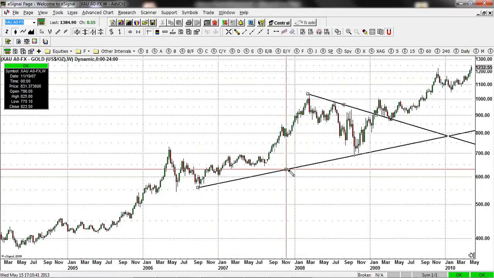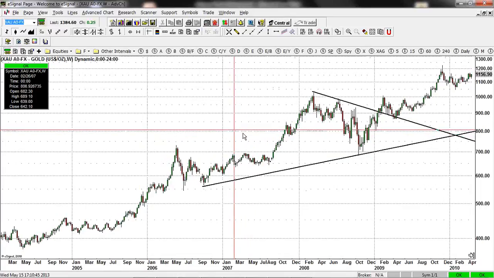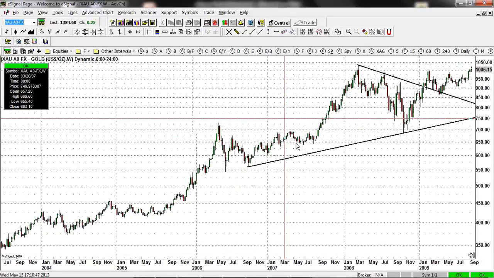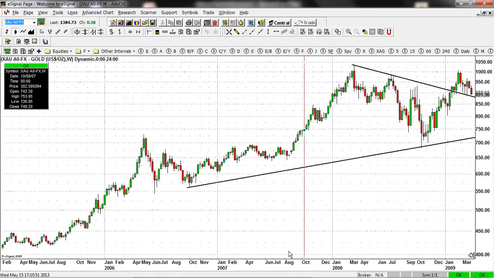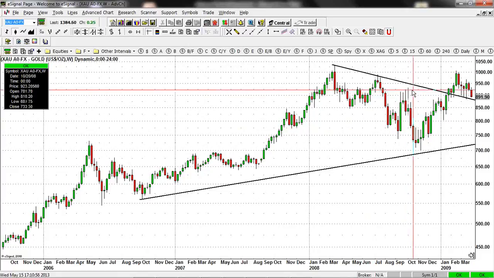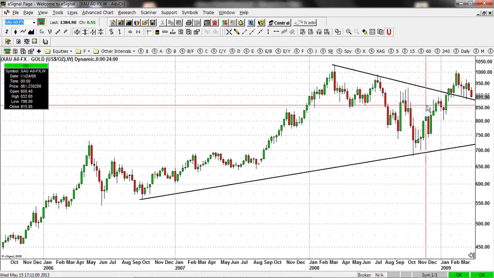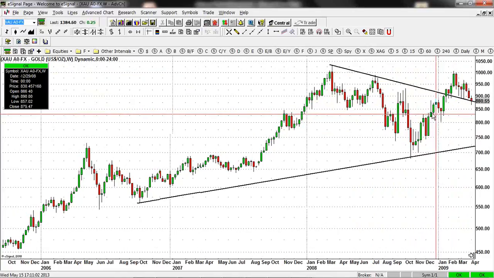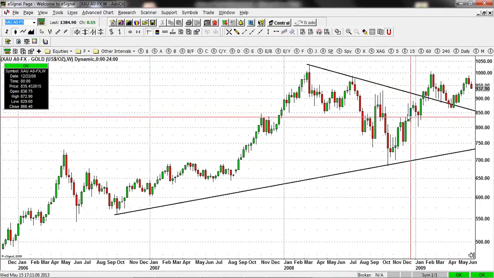It's a weekly chart of gold. As you can see here, the market traded above the downtrend line resistance, came back, tested the resistance, and took off from there.